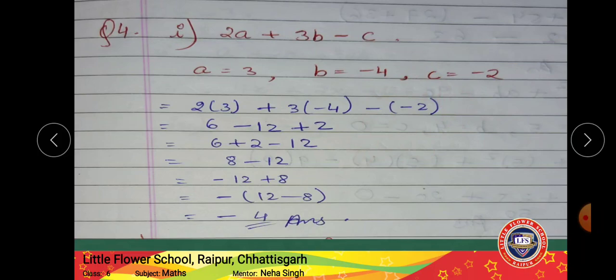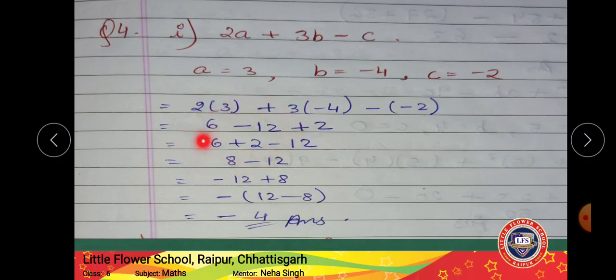Now opening the brackets, 3 2s are 6, plus minus is minus, 3 4s are 12, minus minus is plus 2, right? Now we will solve the same sign first.